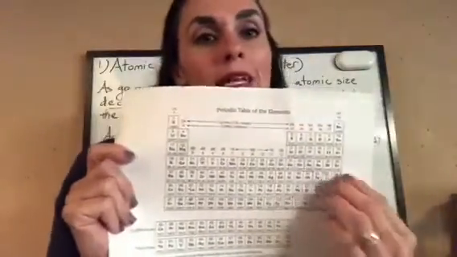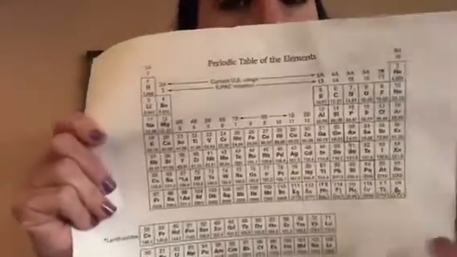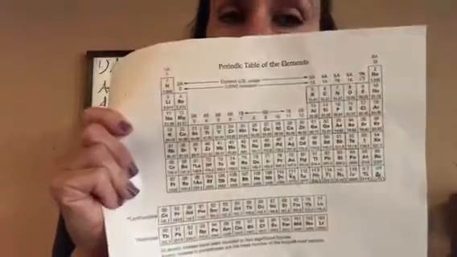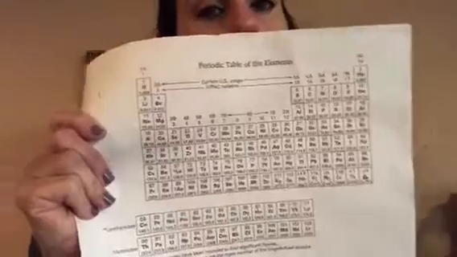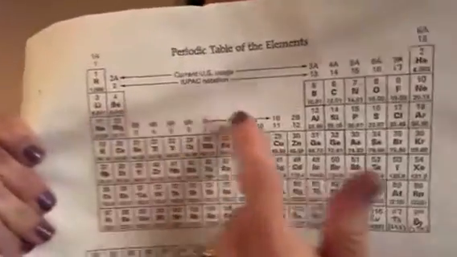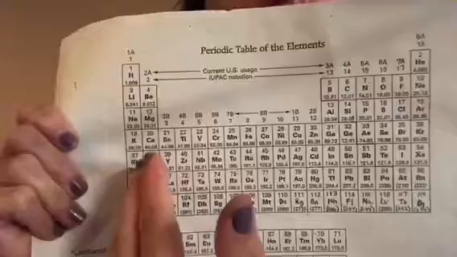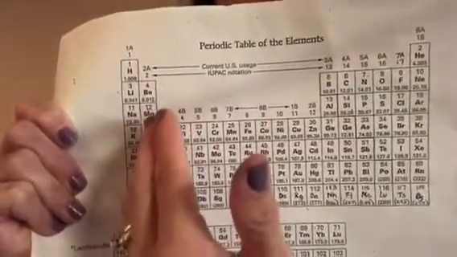You have more electrons packing into that principal energy level and causing a greater attraction between those electrons and the nucleus, so it's pulling them in closer. So it gets smaller as you go across. Over here, you don't have the same attraction between the outermost electrons and the nucleus.